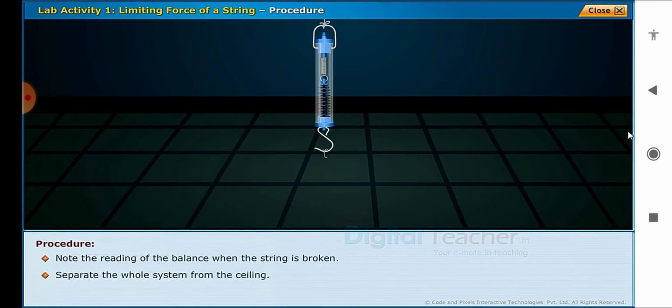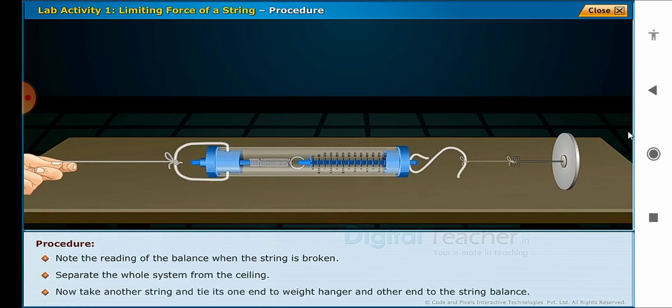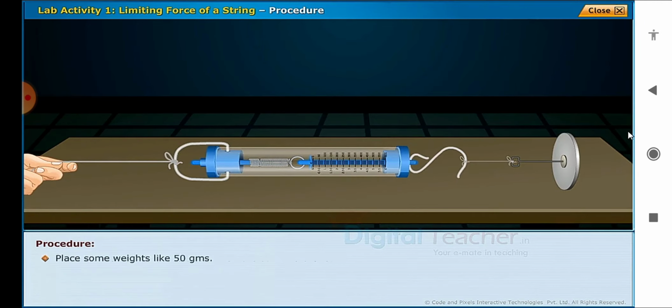Separate the whole system from the ceiling. Now take another string and tie its one end to the weight hanger and the other end to the spring balance. Place some weights like 50 grams.